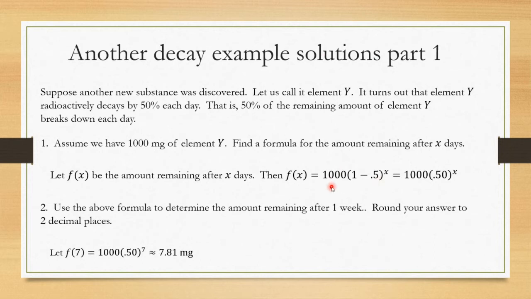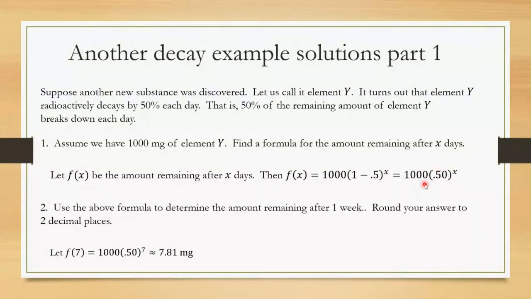So we have 1,000 times 1 minus R, which is 1 minus a half, to the X. So we get 1,000 times 0.5 raised to the X. So that's our function.